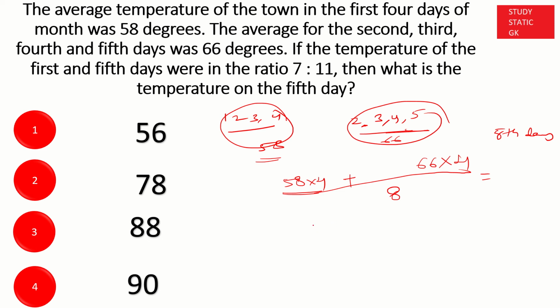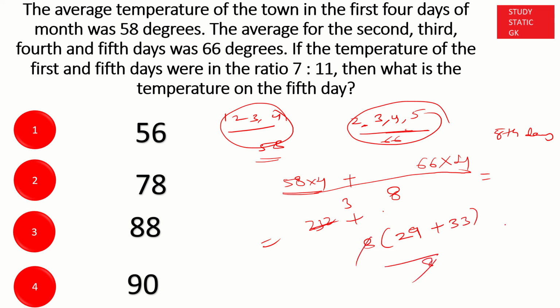This will be the total average, right? Okay, we'll calculate the total average first. 4 8s are 32, 4 5s are 20, so 232 plus 66 into 4. Again by 8 is there, so take out from 8 here. 2 4s are 8, 2 into 27, answer 29 plus again here 233 by 8.